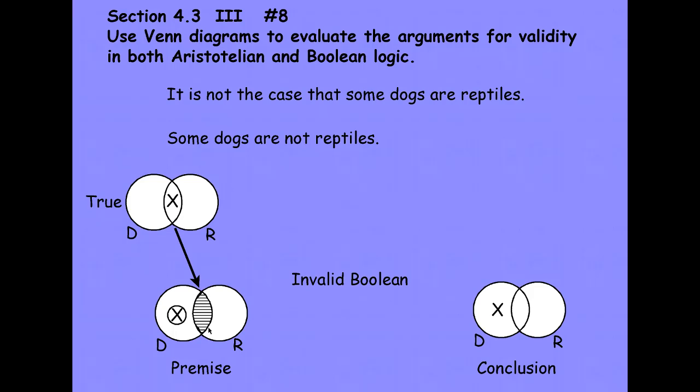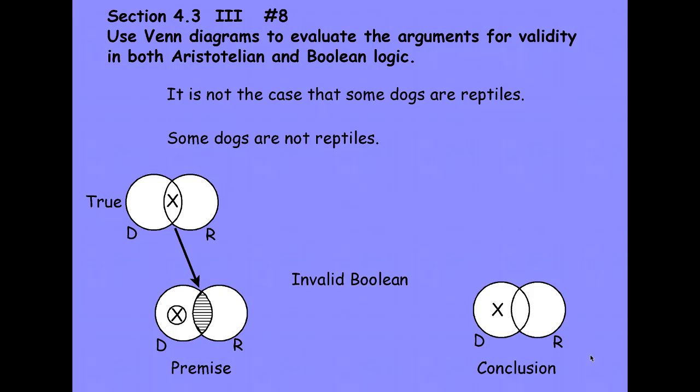The intersection between D and R, that has to be empty. There has to be a member in my D class. It's got to go here in my D and only D. And so now, making my premise true gives me an X in the area that I need in order to guarantee that my conclusion is true. So this argument is formally valid in Aristotelian logic.